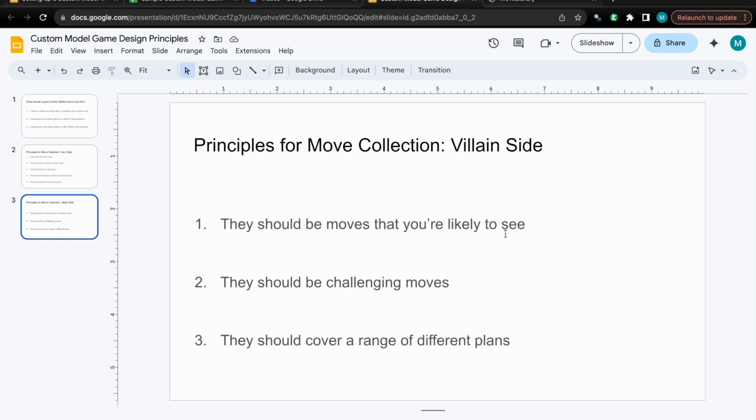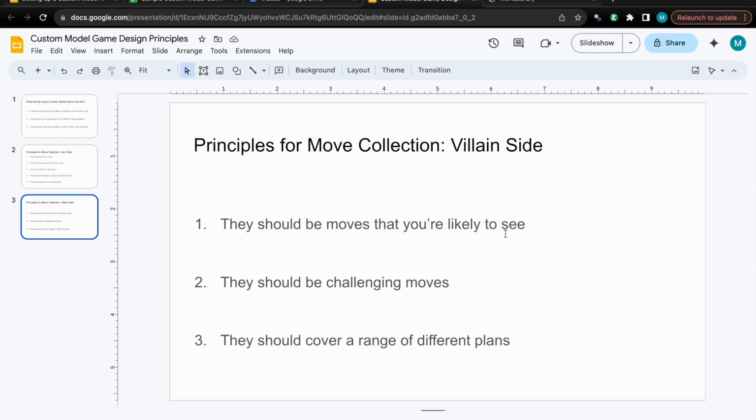The converse is harder. If you understand a good move against a bad plan, it can sometimes be hard to generalize to a better move. So you should try to plan against good moves generally, because it's going to be easier to adjust if you see a worse move on the board.